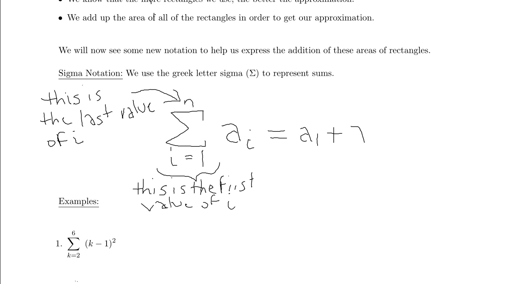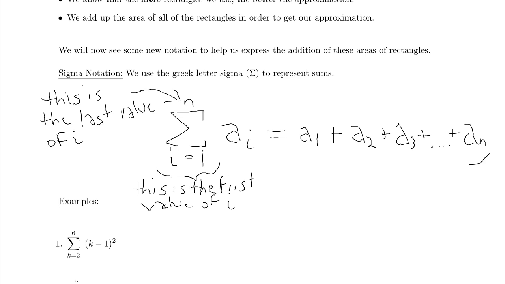So that would be a_2 plus, and you would keep doing this, so plus a_3 and so on. And we would keep doing it, so plus dot dot dot, it's hard to do dots with a stylus pen, until you get to the last value of i, which is n, so all the way up to plus a_n.